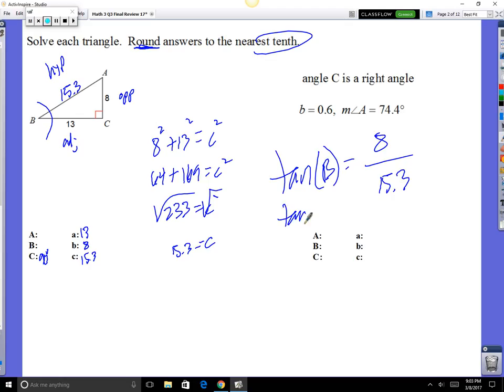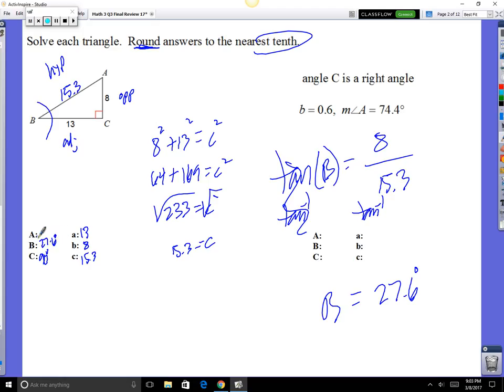So I'm going to inverse tangent this side, inverse tangent this side, and I will have B equals inverse tangent of 8 divided by 15.3. That is 27.6 degrees. So I just found angle B, 27.6.